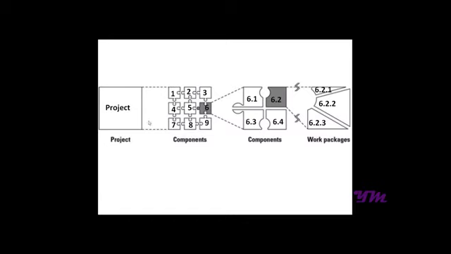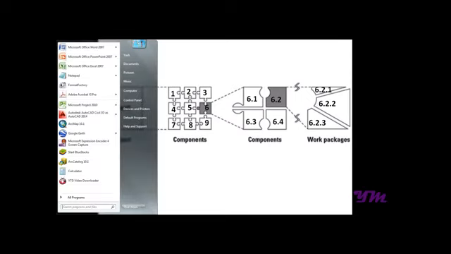If the project is defined and named as project having components 1, 2, 3, 4, 5, 6, 7, 8 and 9, and if we look into this further, component 6 has 4 subcomponents, 6.1, 6.2, 6.3 and 6.4, and component 6.2 is divided into 3 work packages, 6.2.1, 6.2.2, 6.2.3. So this is basically the structure of WBS, that is work breakdown structure.